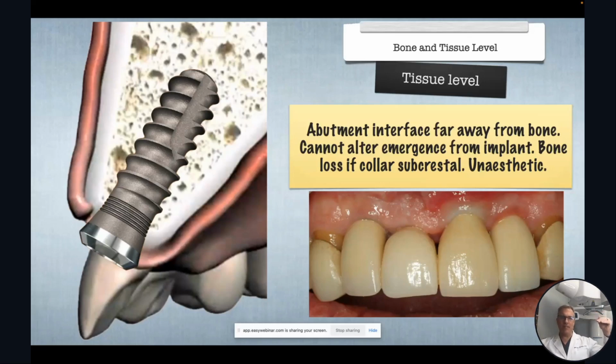So these tissue-level implants remove the bone abutment interface. So they remove the implant connection from the bone and put it supracrestal. So you're not going to have any problems with loose abutments or loose screws. However, the trade-off is you have less control over your final restorative.